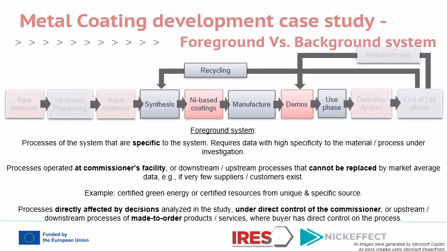In the case of the NICKEFFECT project, based on what I described earlier about the objectives and the outcomes of the project, this is actually a foreground system. So starting from the synthesis process all the way until the use phase, but also taking the recycling process into account, since there is a specific task regarding the recovery of nickel-based sources within the project.